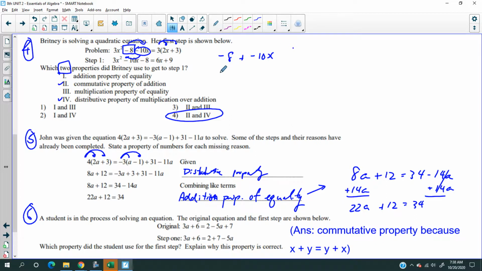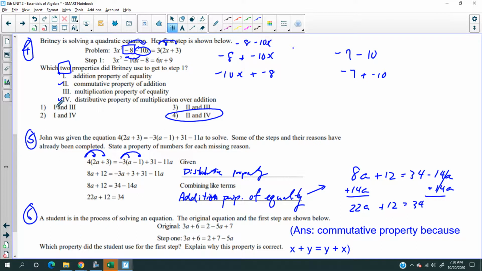And second, remember last year when you did integers, you could rewrite any subtraction as an addition problem. So technically speaking, even though this is -8 minus 10x, you could rewrite it as an addition, and if you can rewrite it as an addition problem, you can rewrite this as such, its commutative version.